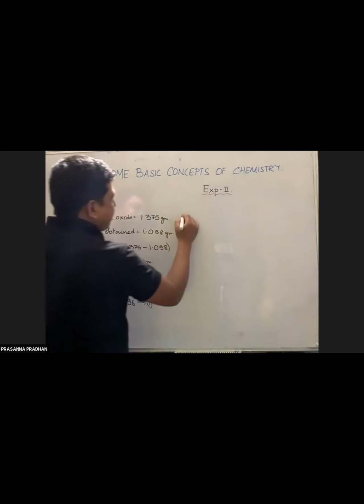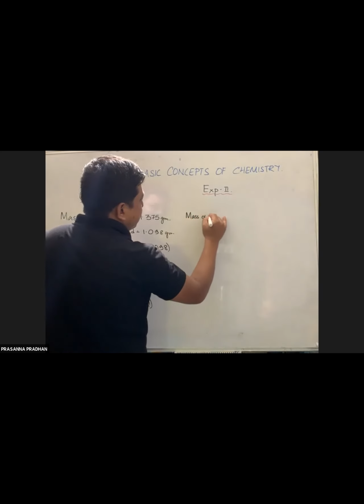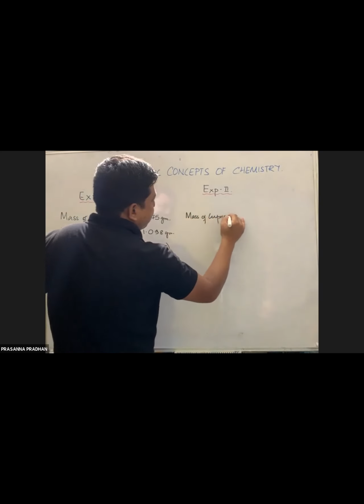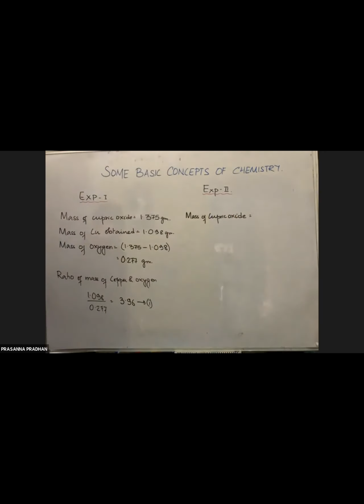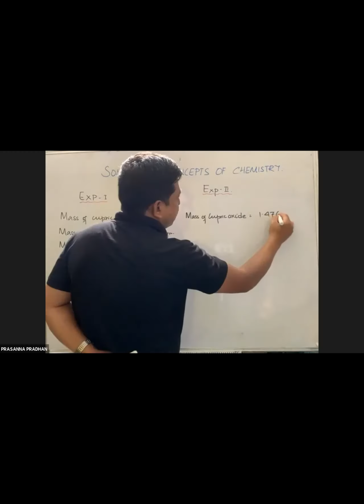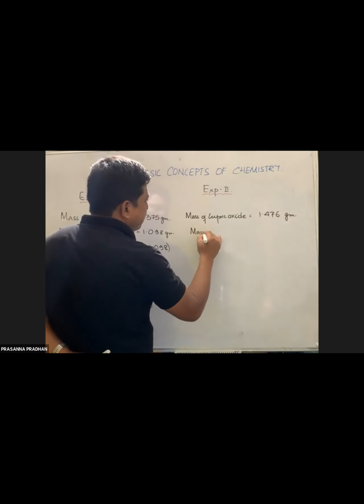Again, in experiment 2, what was the mass of cupric oxide obtained? 1.476 gram.